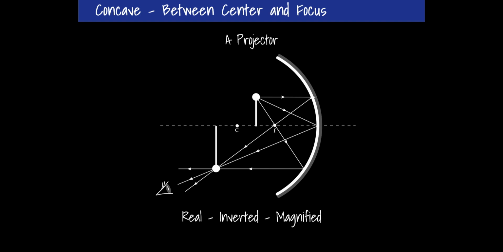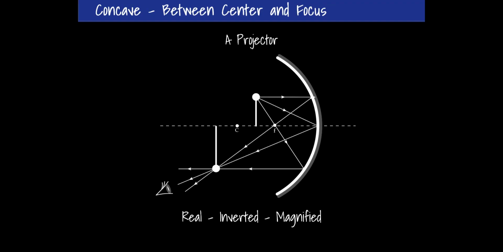That is a real image. It's still inverted, but now it is magnified, larger than the object itself. So we say that that image is magnified. This kind of reflection is used in some projection systems, like movie projection.